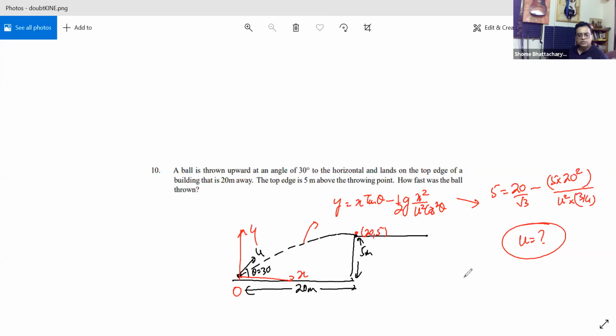This will become 20 cube, in fact, by 3u square. Correct. That will become 20 by root 3 minus 5.